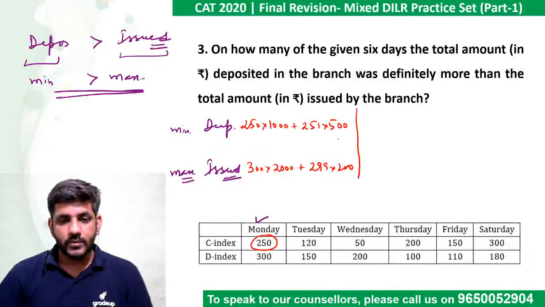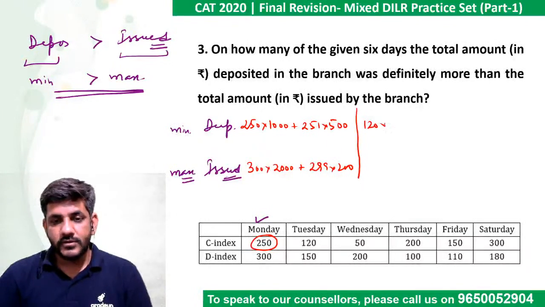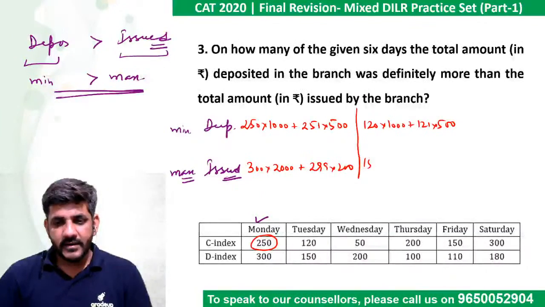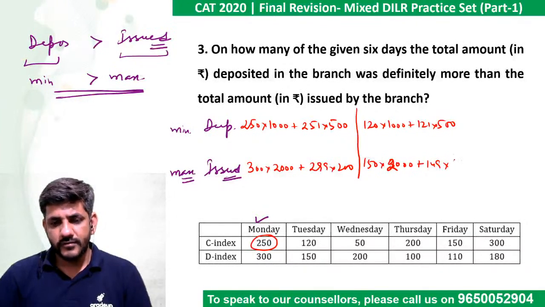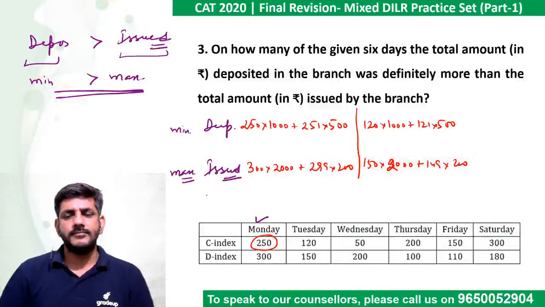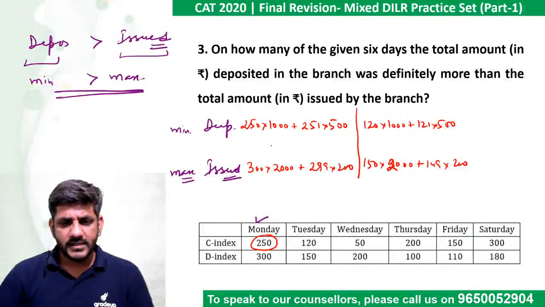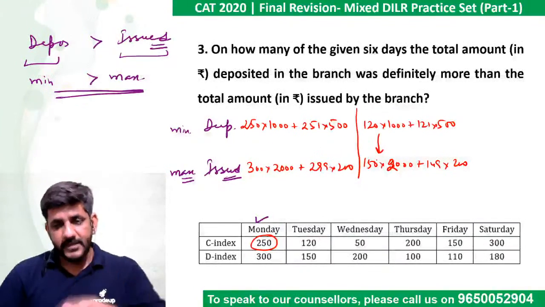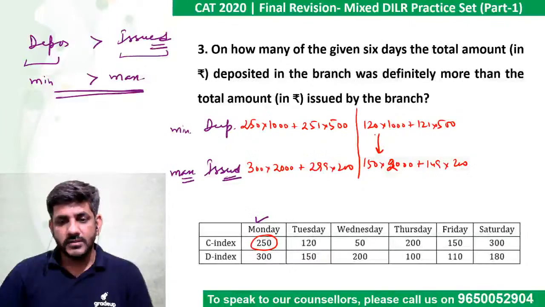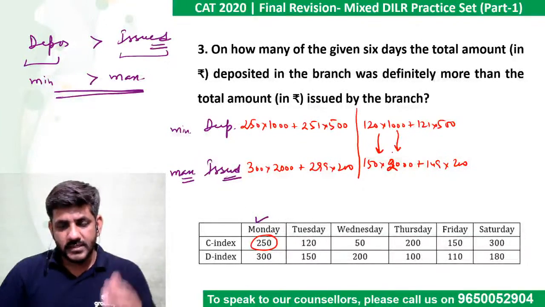Similarly, on Tuesday, what will we do? 120 notes of 1000 and 121 notes of 500. Similarly, इसके लिए क्या करेंगे? 150 notes of 2000 plus 149 notes of 200. राइट? समझ में आ रही है बात? हालांकि यहां से देख के आइडिया हो जा रहा है that this second number is definitely more than the first number because straight away देखिए ना ये amount ही डबल से ज्यादा हो गया है.